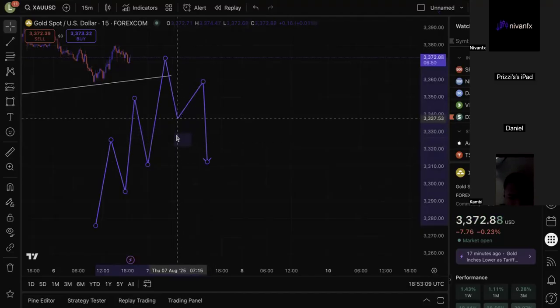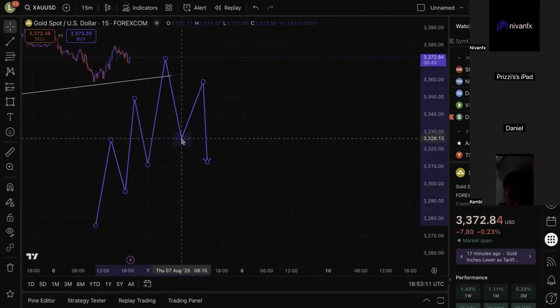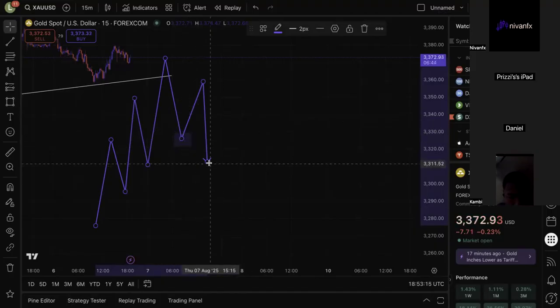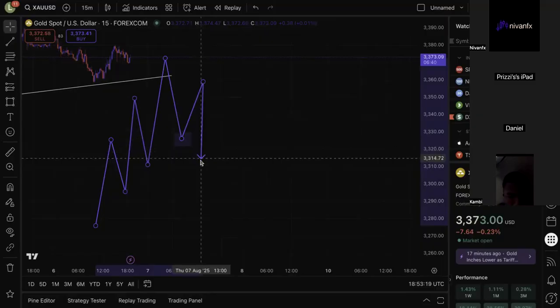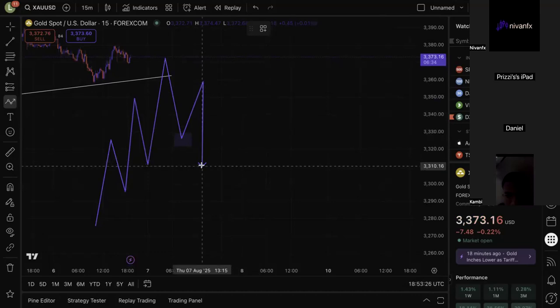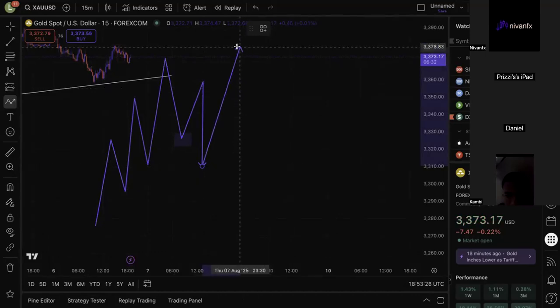That's what we call our inducement. It's just trying to induce buyers into buying. Then price, after taking you out, builds enough momentum for the real bullish move to the upside.